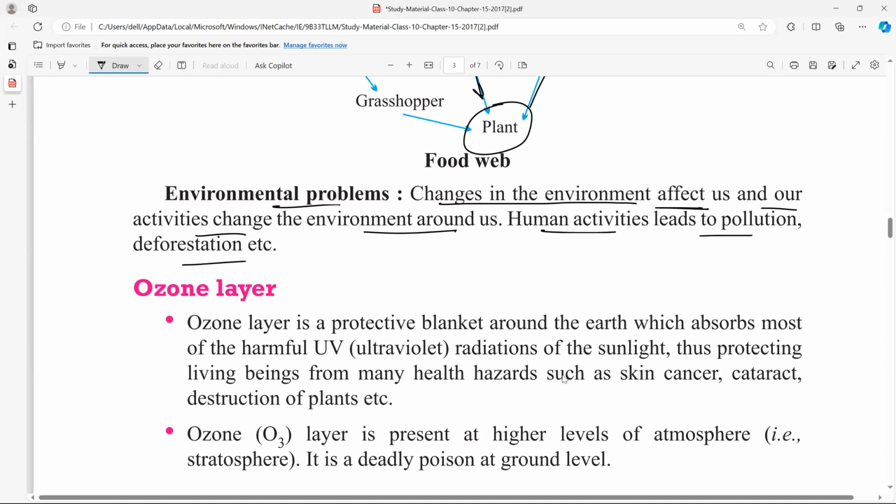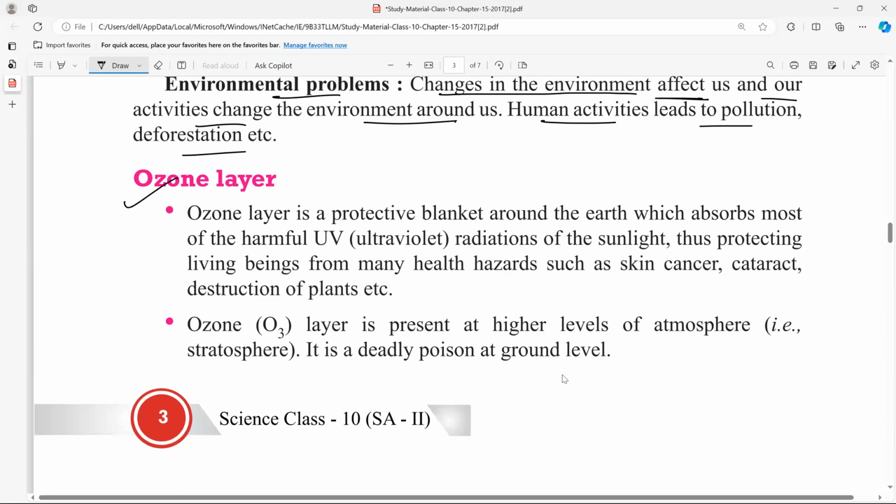Generally, ozone layer depletion is a very important topic for this chapter. You know that ozone is a very protective layer made up of O3, three oxygen atoms bonded together. It protects us from the harmful UV rays coming from the sun, which can cause cancer, cataract, and destruction of plants.